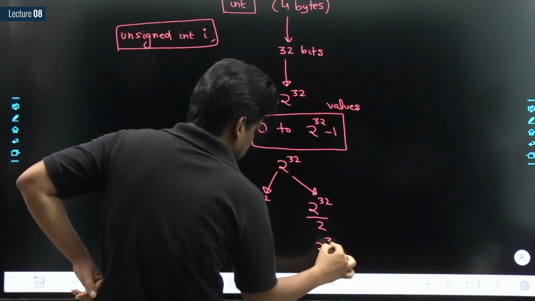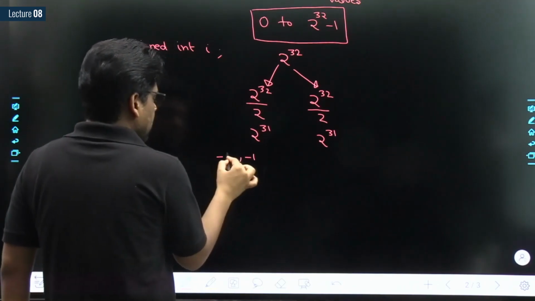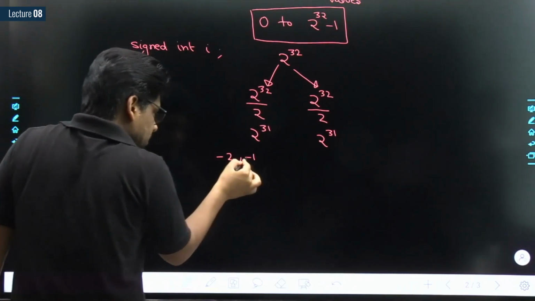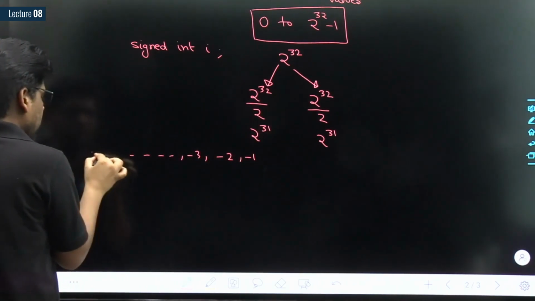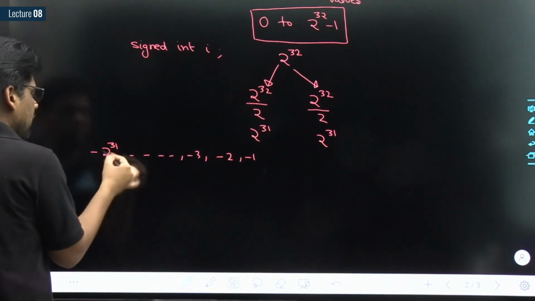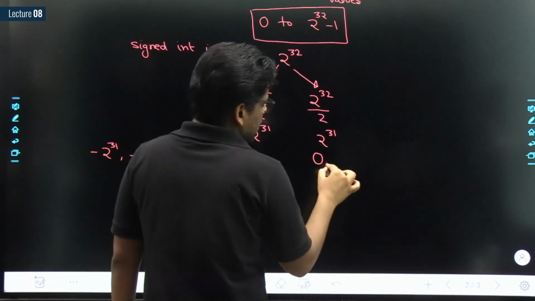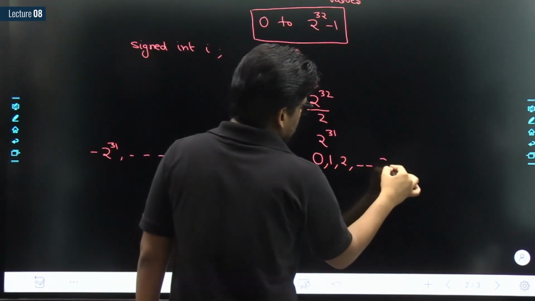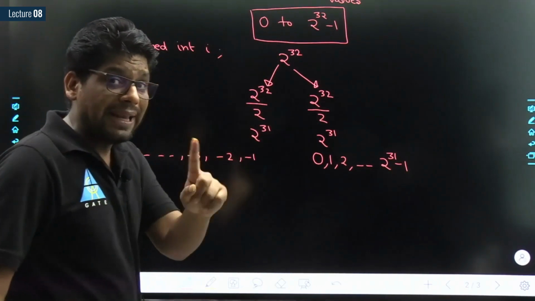In negative, the counting in reverse direction starts from minus 1, that is why it goes till exactly minus 2 to the power 31. But in positive, we have to start from 0, that is why the biggest positive number is 2 to the power 31 minus 1.